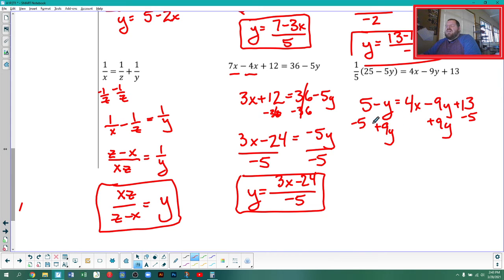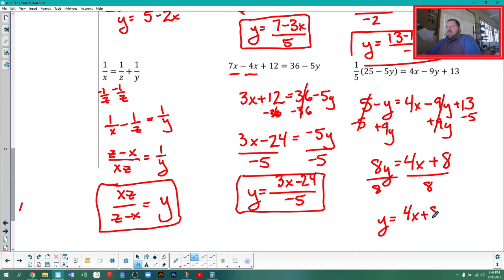Subtracting, I'm dealing with y's and y's, numbers and numbers. And over here it looks like I'm going to get 8 y's. My 5's cancel, my y's cancel. 4x, and that looks like plus 8. And we'll divide both sides by 8. And I'm actually going to leave it there, even though it can be simplified pretty nicely. I'm just going to stick with the plan for today and leave it like that. It would actually just be 1/2 x plus 1, but I'm going to leave it like that.